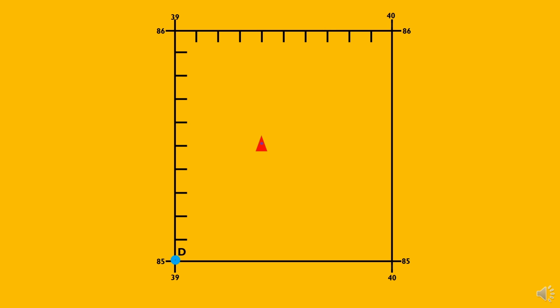The 6-figure grid reference of point D is 390850. This is because point D is crossed by easting 39 and northing 85 simultaneously. It actually lies along the junction between easting 39 and northing 85. It's on both lines.